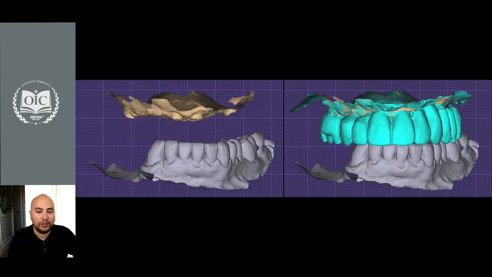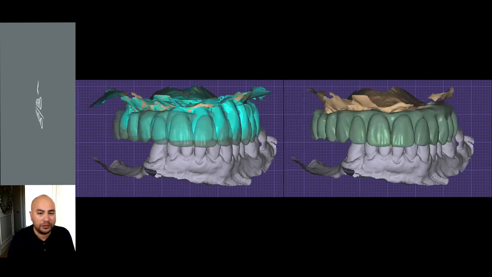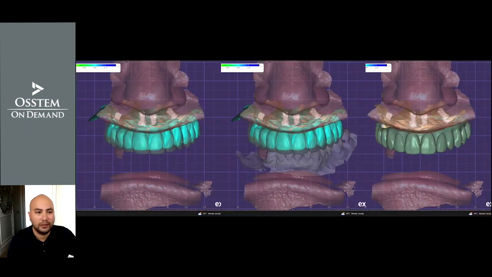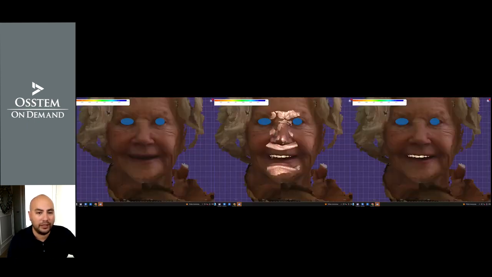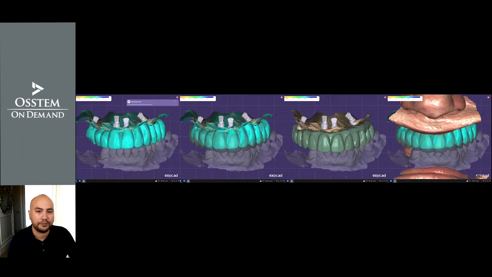So what we do now is to utilize all the virtual data to redesign an FP3 definitive prosthesis, which will improve all the aesthetic parameters. And this is how it's designed virtually with the aid of the facial scanning data.